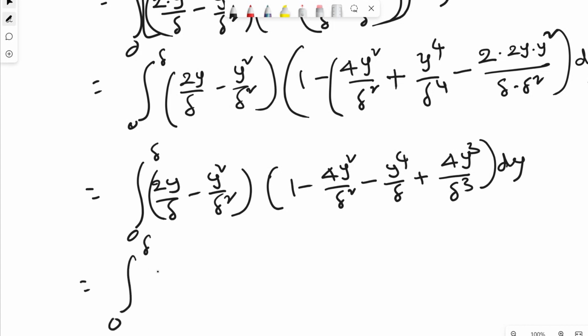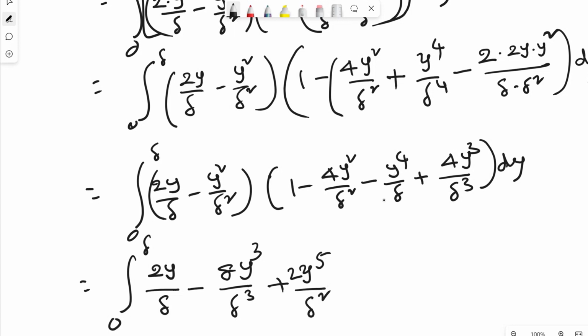Now multiply it. Take 2y by delta minus y square by delta square times each term. The first gives 2y by delta; the second term is minus 8y cubed by delta cube, then plus 2y to the power of 5 by delta to the power of 5, then minus 4 into 2, 8y to the power of 4 by delta to the power of 4.